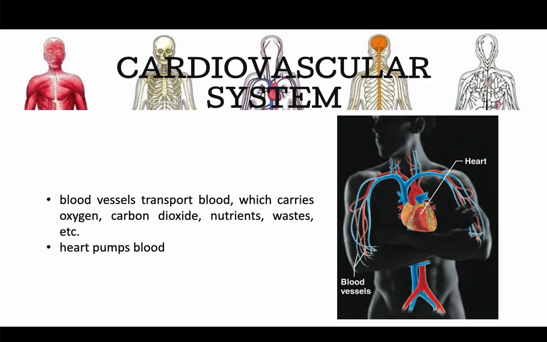That is the system responsible for your heart pumping blood to various parts of your body. Transporting your blood is very important, as we all know, because it carries your oxygen and your carbon dioxide, which we mentioned.